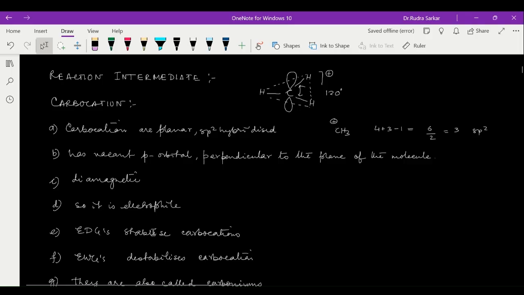So we say electron donating groups stabilize carbocations, and electron withdrawing groups destabilize carbocations. Now you can expect questions regarding the stability of carbocations being asked to you.